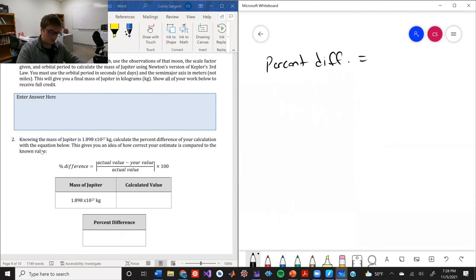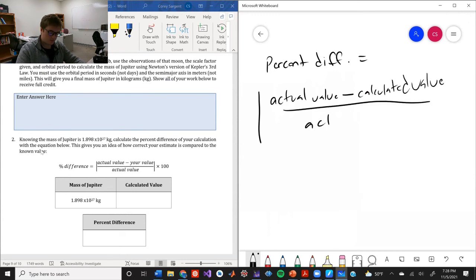Remember, it is equal to the absolute value of the actual value minus the calculated value, over the actual, times 100.